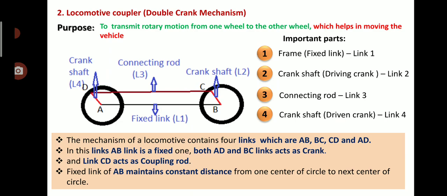Both AD and BC act as cranks, and link CD acts as a coupling rod. That's why it is called a locomotive coupler. The fixed link AB maintains a constant distance from one center of the circle to the next center of the circle. So this is the nature of working of the locomotive coupler.